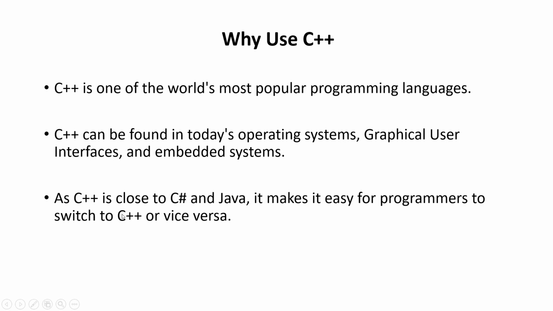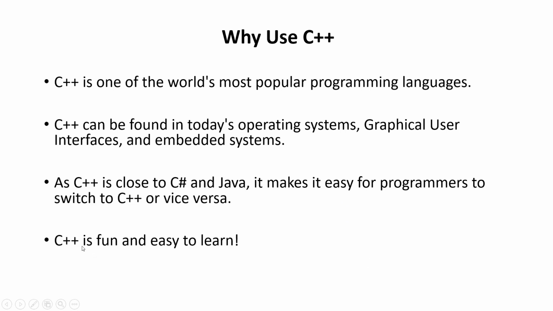As C++ is close to C# and Java, it makes it easy for programmers to switch to C++ or vice versa. Which means if you know C#, Java or C language, it will become easy for you to understand C++. C++ is fun and easy to learn.